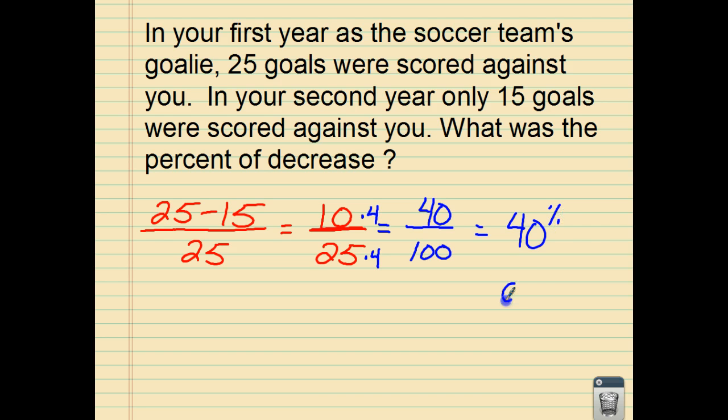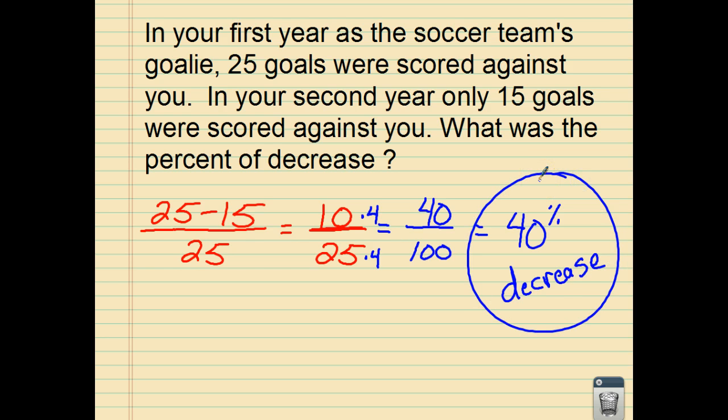And that was a decrease. Now I chose that method of the percent proportion because I knew right off the bat that that 25 was going to go into 100 because 100 is divisible by 25 without a remainder. And I wanted to save myself all of that hassle of the long division.